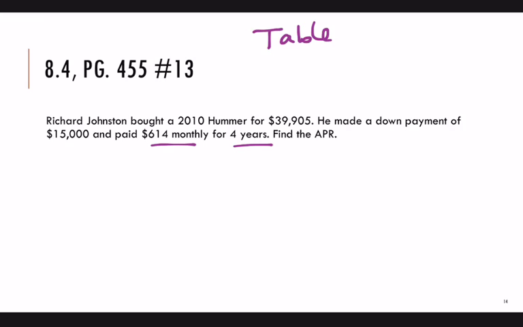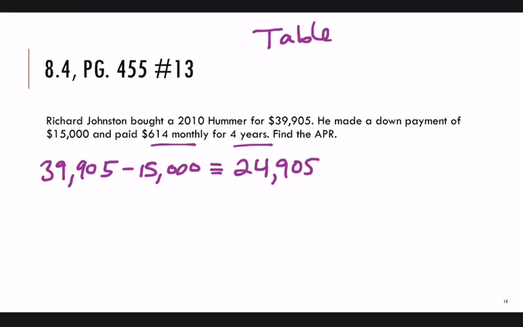All right, so first we need the amount financed. Okay, so 39,905 minus 15,000. Okay, the amount financed is $24,905. Okay, then there's a procedure to find the APR. We need to take the amount financed.